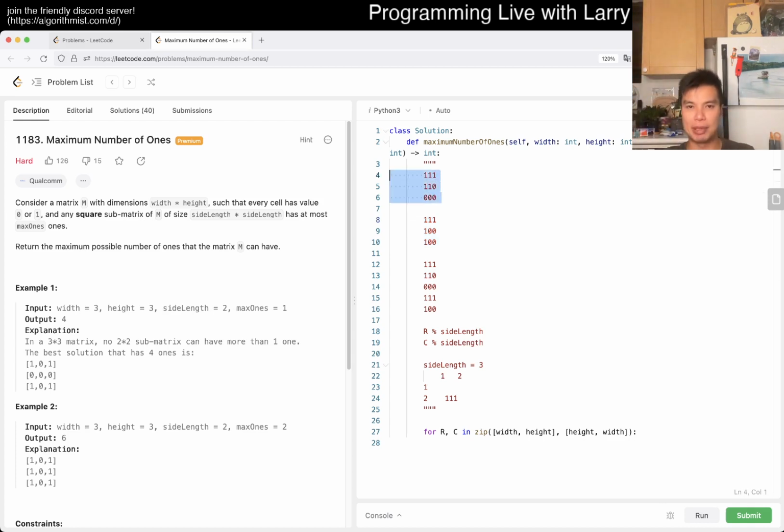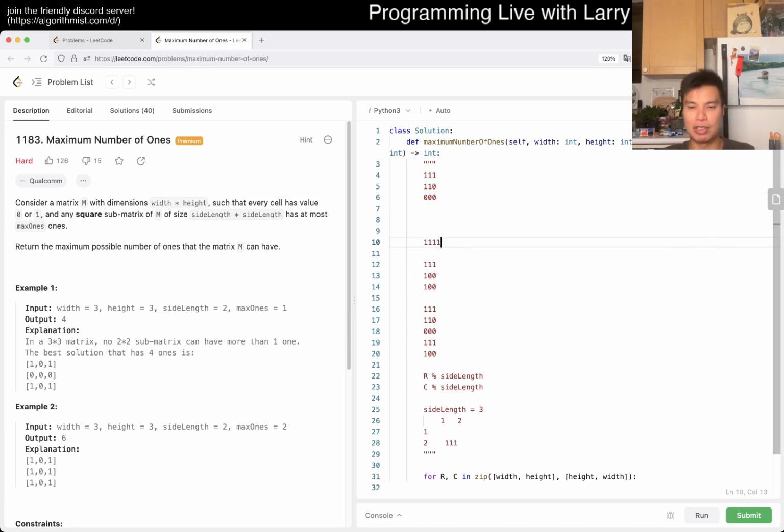This would be suboptimal because then your last row would look like this, but your last column would look like 110 or whatever, and then alternating, well, not alternating, but in that pattern. So it will look something like this.